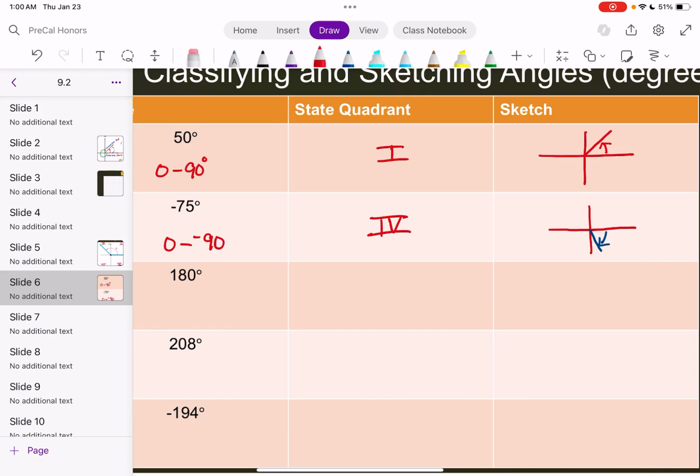Now this would be a quadrantal angle. And if you were drawing this out, this would be from our initial side and stopping at 180. Now notice this is a positive 180, so it should be up and to the left as such.